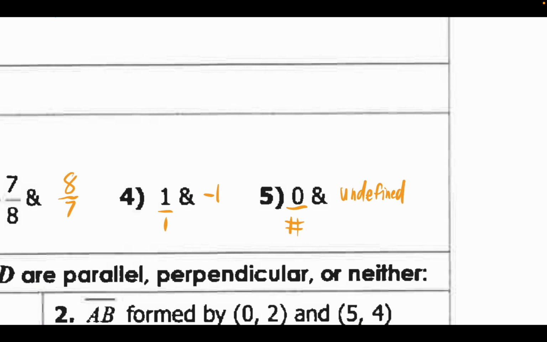And remember that a slope of 0 means that it's a horizontal line, and an undefined slope means that it's a vertical line, and that's because any horizontal and vertical lines are perpendicular with each other. They intersect with each other at right angles.